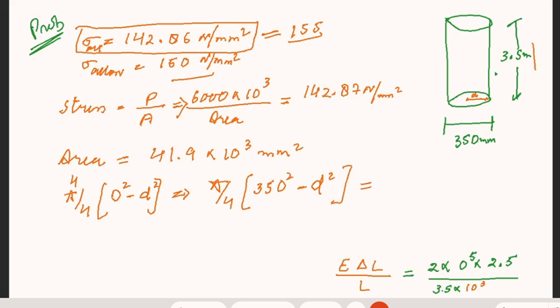And that is equal to 41.9 into 10 raised to the power of 3. And from there you will be able to get the internal diameter. Calculate the value of that internal diameter. Quickly give me the value of internal diameter.